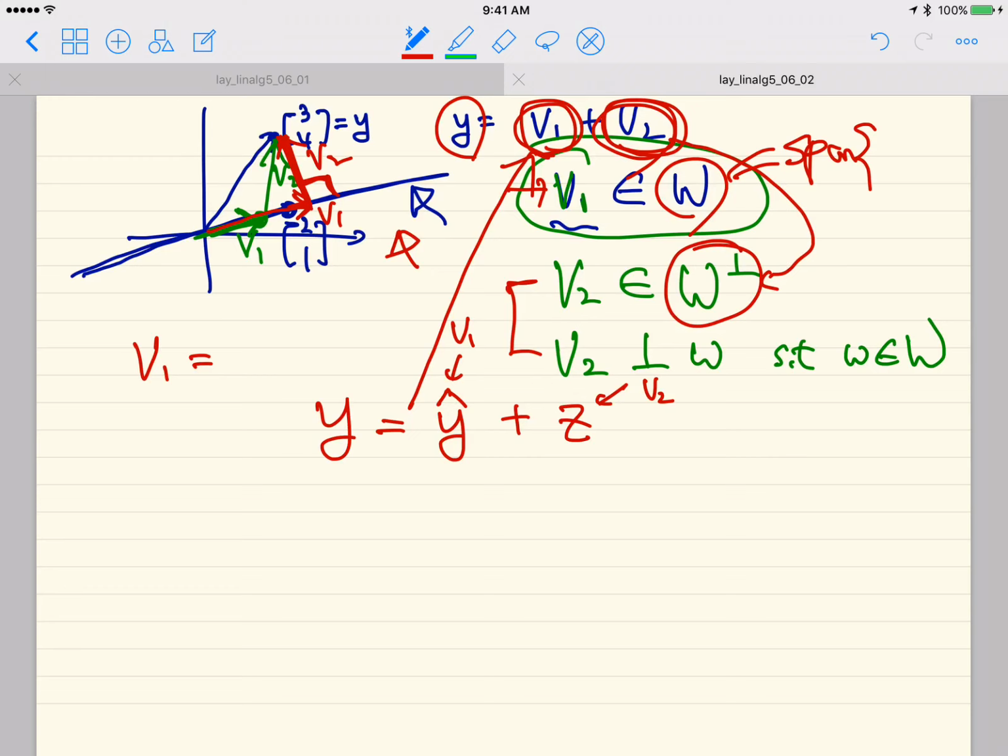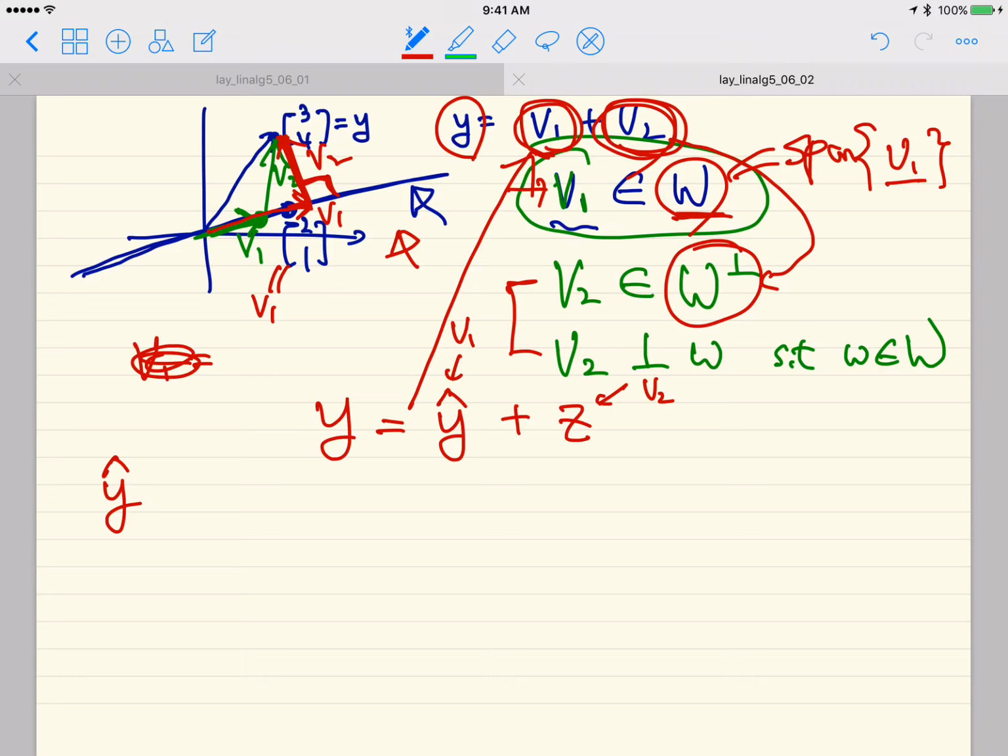And suppose W was the span of, for example, v1. Please do not get confused: v1 here is something like (2, 1), which will form our basis vector for the subspace. And how can we represent this y hat?